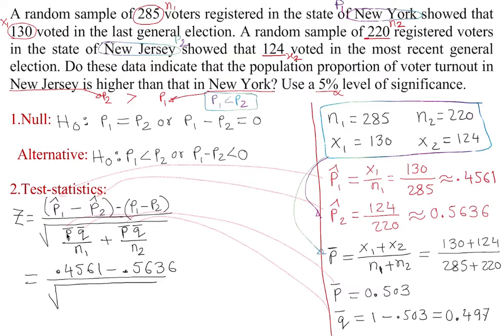The pooled estimate of the probability of success is 0.503 times the failure, 0.497, over the sample size n1, which in this case is 285, plus, making sure the square root extends all the way down so the denominator also belongs to this square root, the same thing, 0.503 times 0.497 over sample size 2, in this case 220.